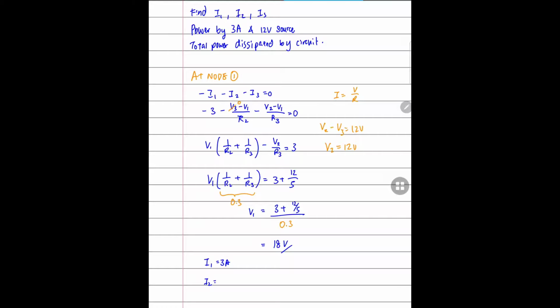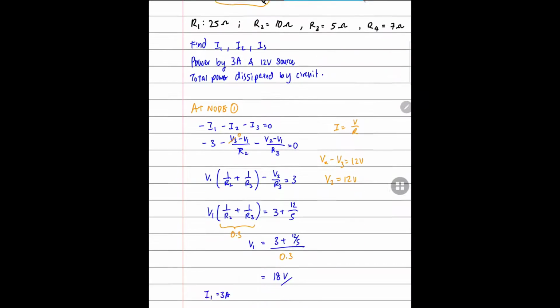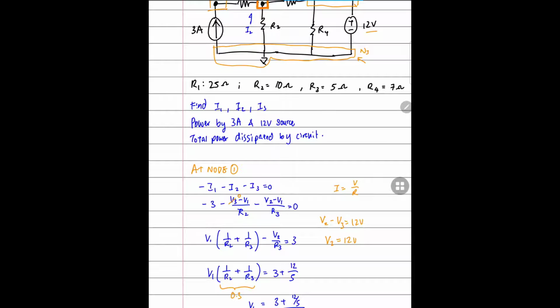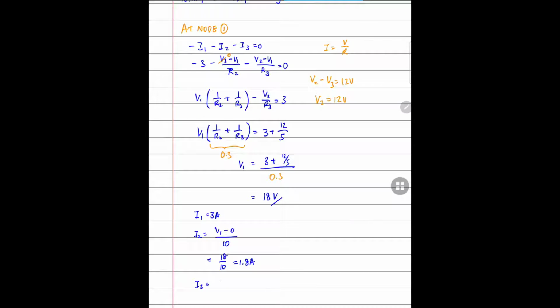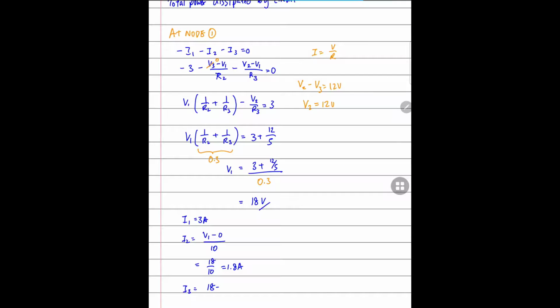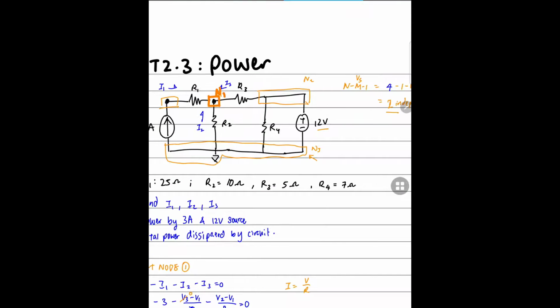Now we will proceed to find the other currents I2 and I3. I2 will be the node voltage V1 minus the ground node, over the resistance R2, which is 10 ohms. So you get 1.8 amps. Current I3 will be the node voltage V1 minus node voltage V2 over R3, which gives 1.2 amps.